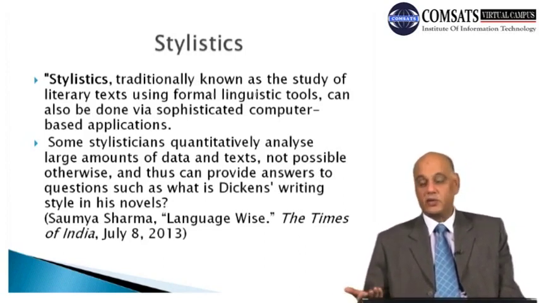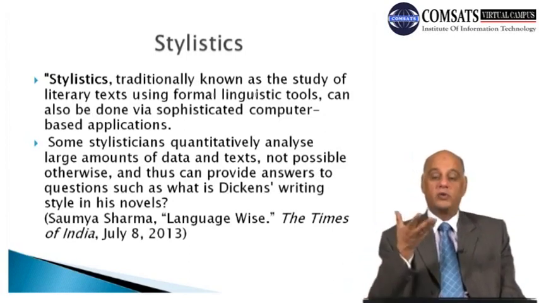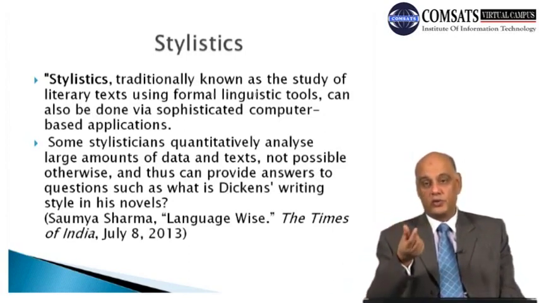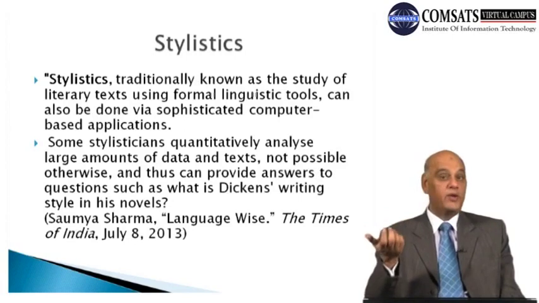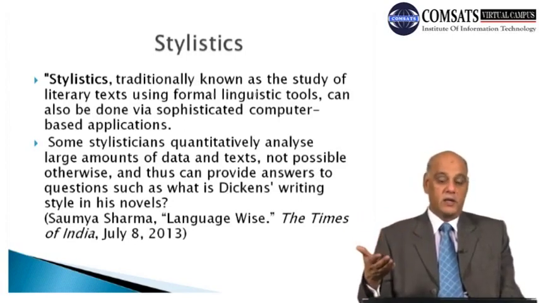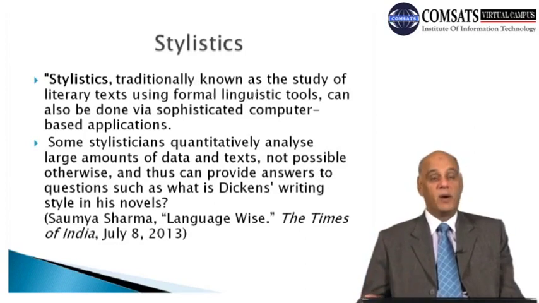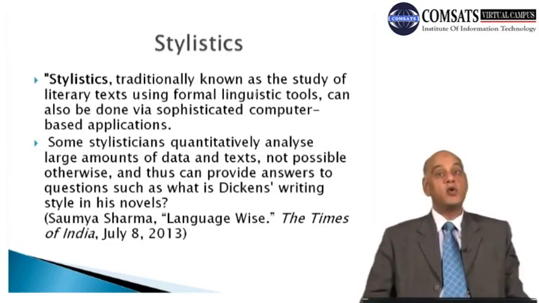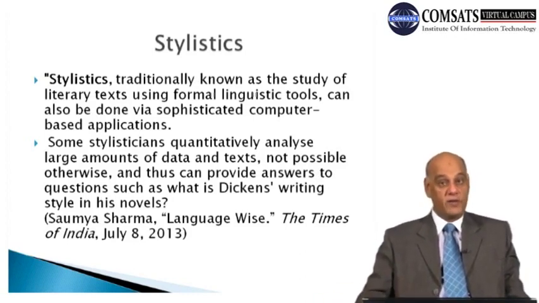How Dickens has used certain techniques, how Dickens has used devices, how many times Dickens has used a certain word in his novels. So that can determine what Dickens' style is basically. Now this is a quote coming from Soumya Sharma, Language-Wise in Times of India. So from here we get a clue that you can analyze literary texts using quantitative analysis.